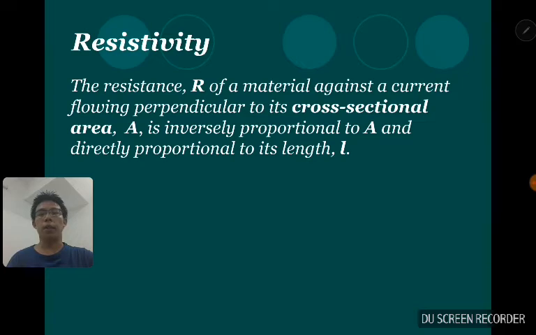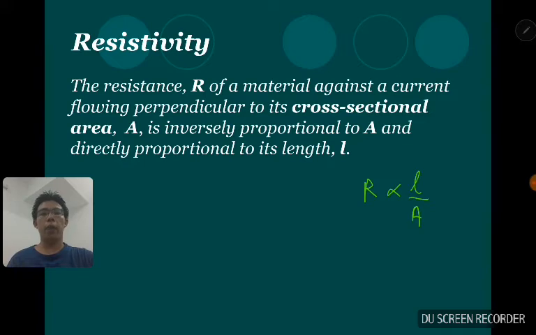So how is it dependent on these two properties? R will be inversely proportional to the cross-sectional area, and it will be directly proportional to the length. So we have R directly proportional to the length and inversely proportional to the area.